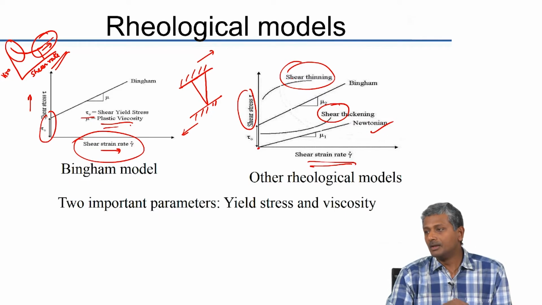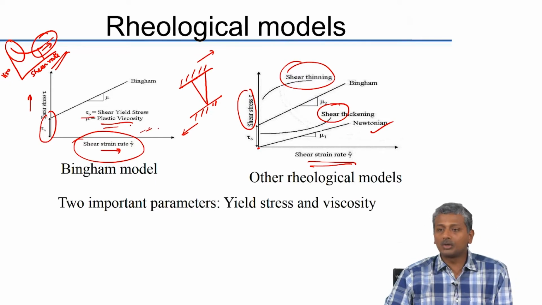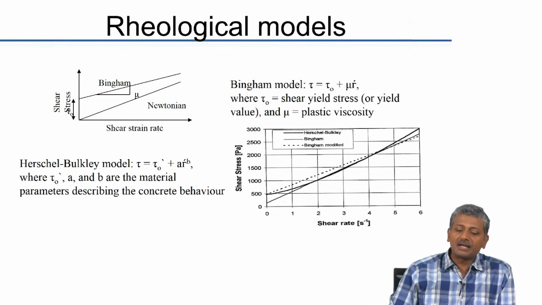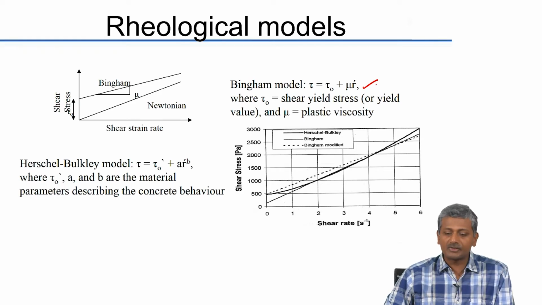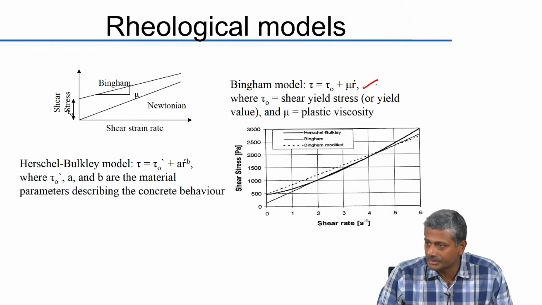Okay. The convenient approximation we are looking at is the Bingham model, where two unknowns are shear yield stress and plastic viscosity, and you can represent that by a linear equation, that the shear stress is equal to the shear yield stress plus the plastic viscosity multiplied by the shear strain rate. Okay.